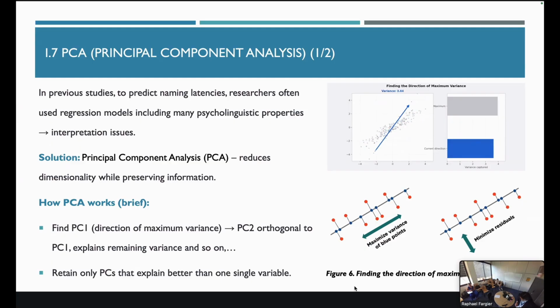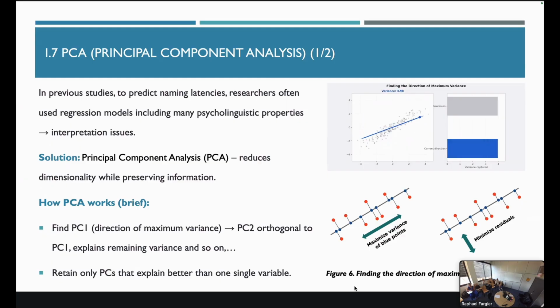So how does it work? Basically, in this method, the first step is we find a direction in our data that can explain the maximum variance. And you can see here, the maximum variance is that when you project every data point on that direction, the level of spreading out is the highest.